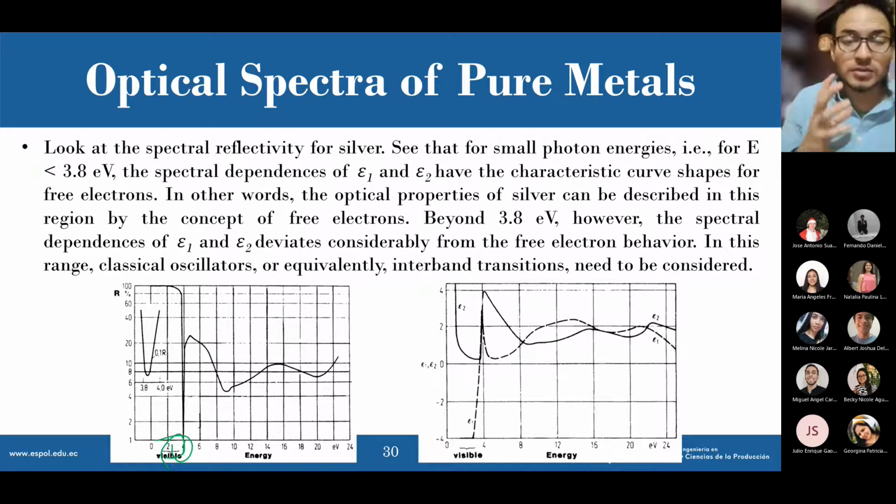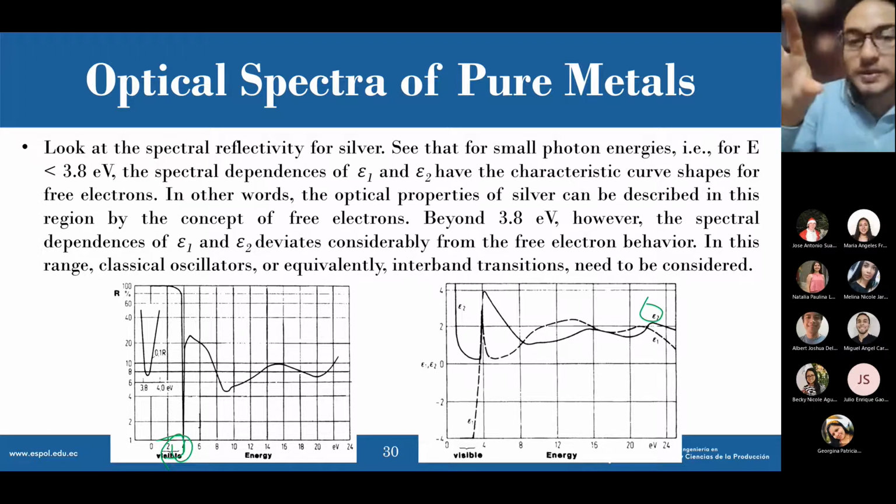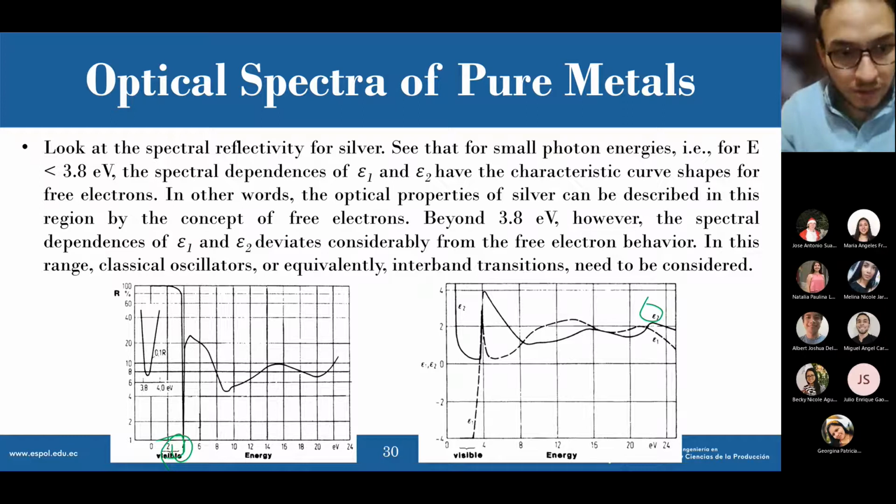Especially just look at epsilon 2, that's the most important one, because you're measuring absorbance. And when you have peaks there, that means you have transitions there. And if we're dealing with silver, you know that those transitions are direct interband transitions. So up to there, free electron model; from here onwards, classical oscillator, or being more fundamental, interband transitions are happening.